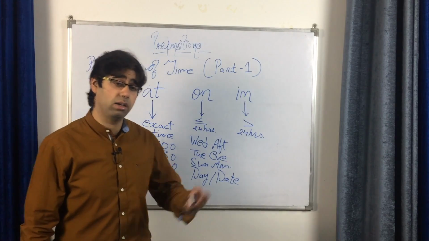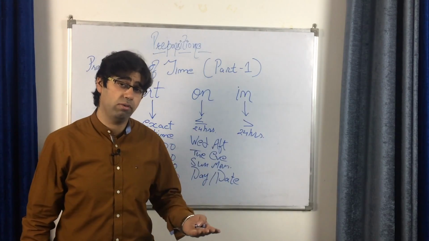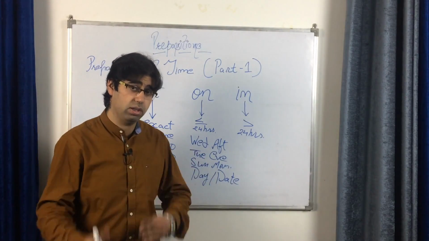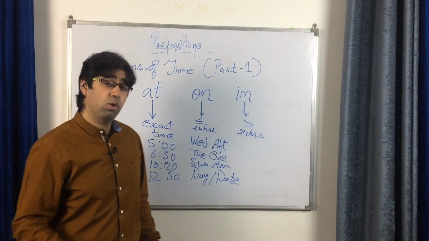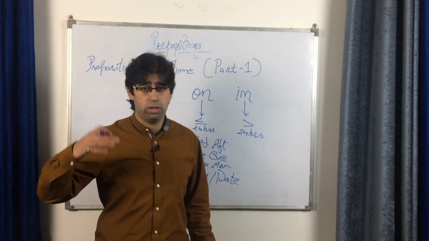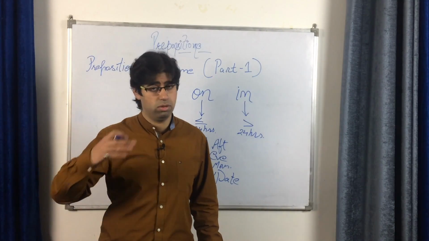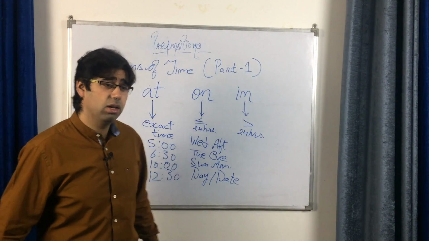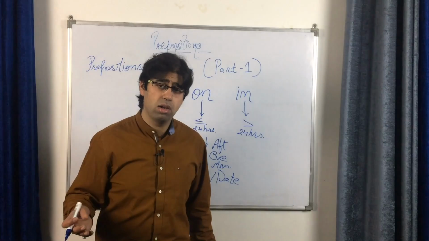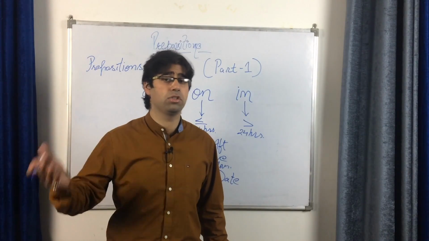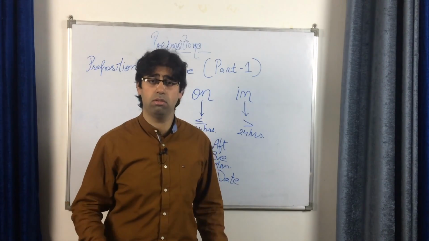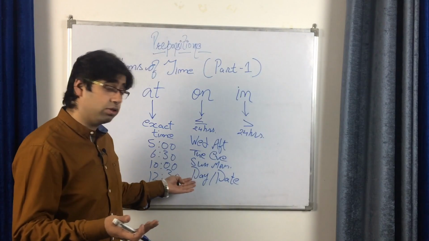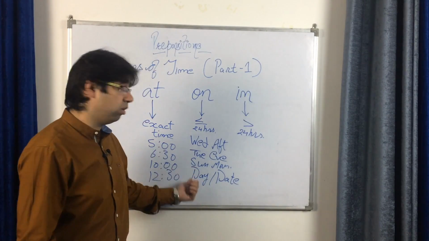We went for a hike on the 30th of last month, on the 30th, right? I think we'll go for a movie on the 23rd of this month. So again, on. Coming back to some day, right? On Tuesday, we will be having an extra lecture at college. So since I mentioned a day, Tuesday, I have used on.